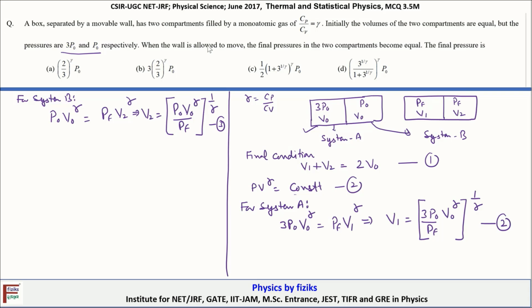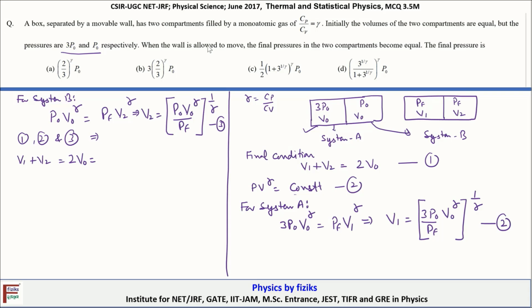Now these three equations, 1, 2 and 3, collectively imply that V1 plus V2 is equal to 2V0. Simply add V1 and V2 using equations 2 and 3.